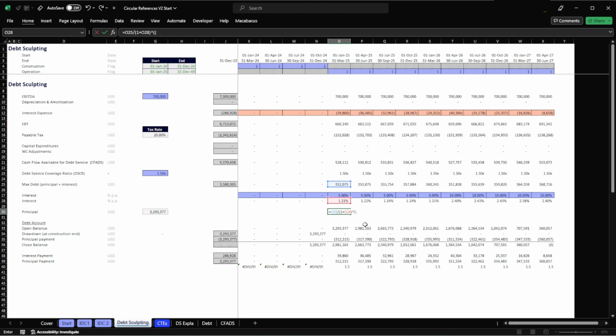I think I have to open a comma. It's going to be the difference between this date in here and this date in here. But I have to fix it because for every period, I always have to compare with this date here, because that's what we are NPVing our cash flows against, divided by days in the year. And I think that should be it.